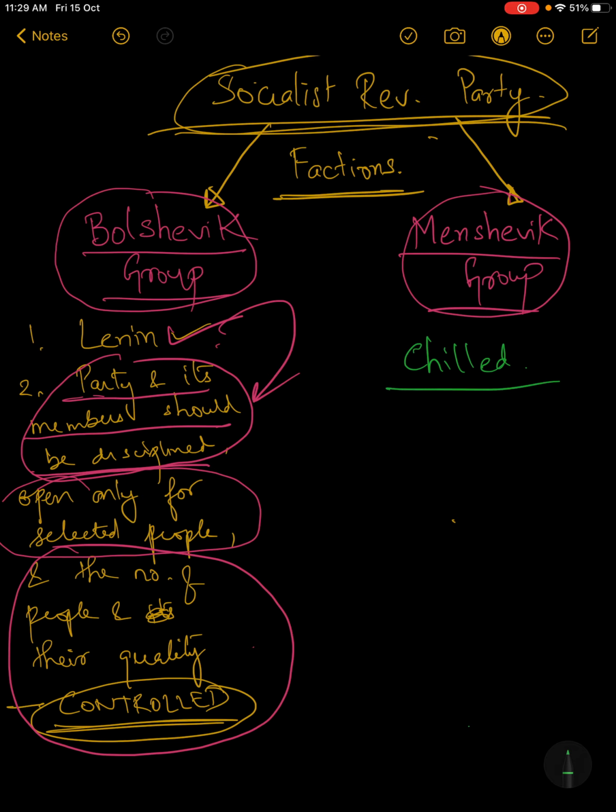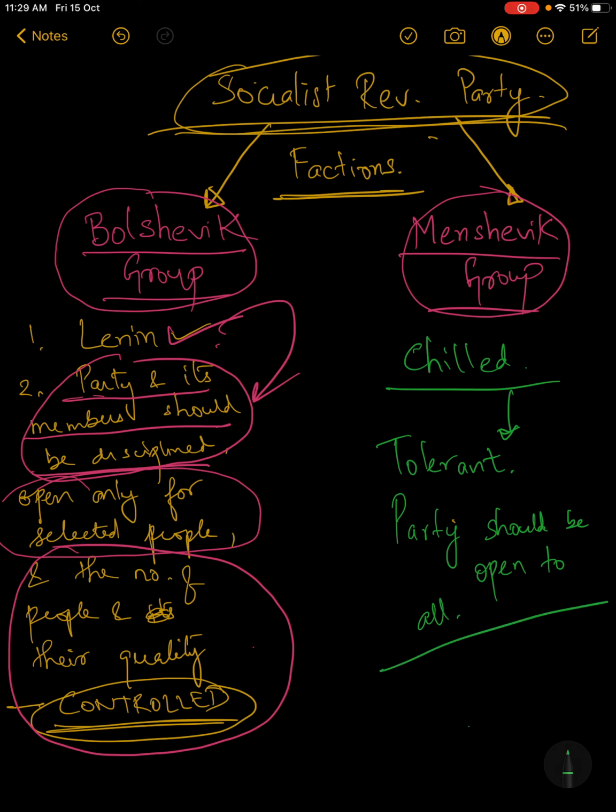They said that if anyone is interested in being a part of our party, they can. Period. That is all they said. They were slightly more tolerant. They said that the party should be open to all.